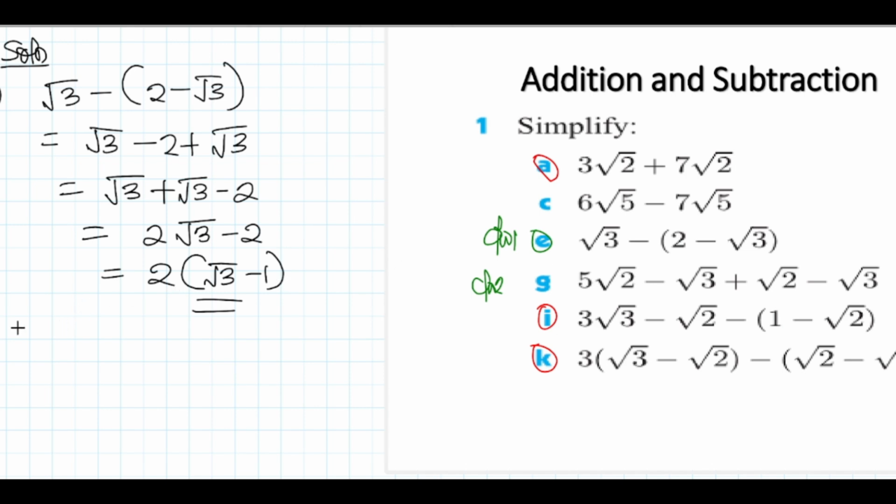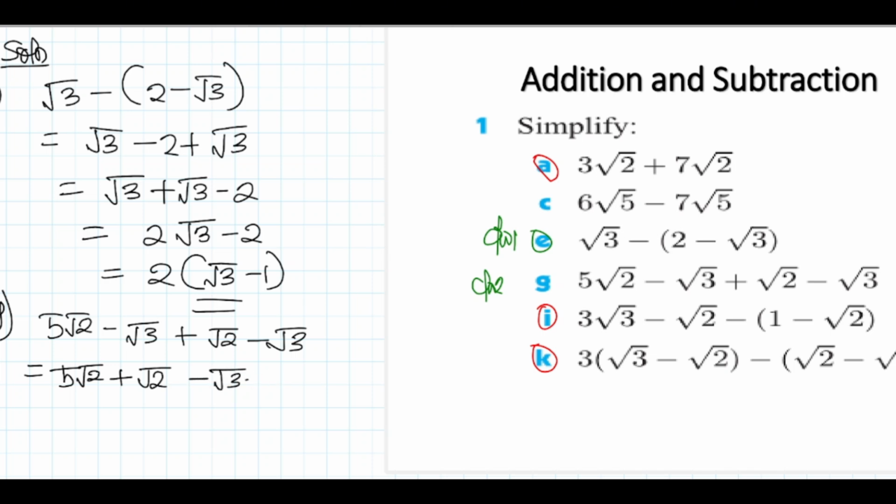And then for G we have 5 root 2 minus root 3 plus root 2 minus root 3. So simply collect like terms, bring the root 2's together and bring the root 3's together. So 5 root 2 plus 1 root 2.